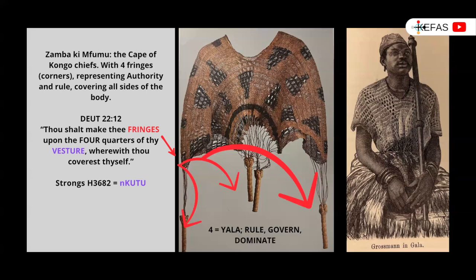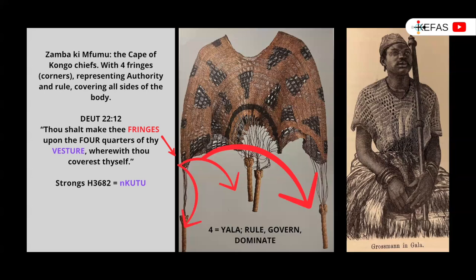It has 4 fringes or corners representing authority and rule. And when one is dressed in it, he's covered all around the 4 sides of the body.